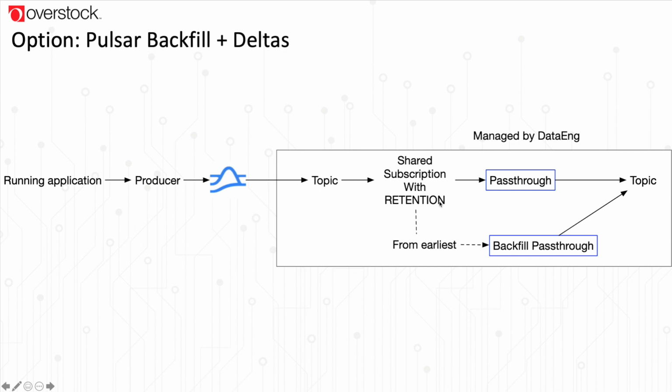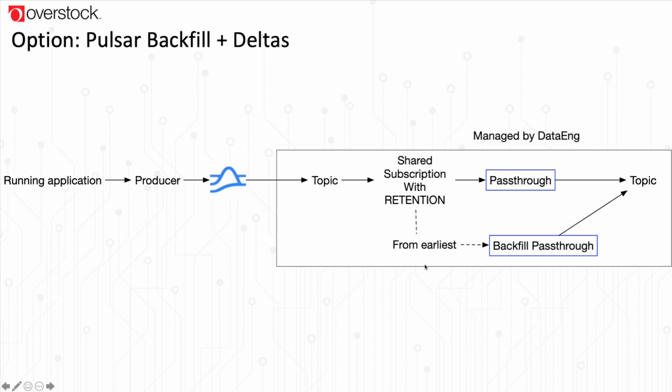Another way you could do that is you could have a shared subscription with retention, where the backfill pass-through is listening to messages from earliest instead of from latest, and so that way, based on your retention settings, you'd be pulling all the retained messages.